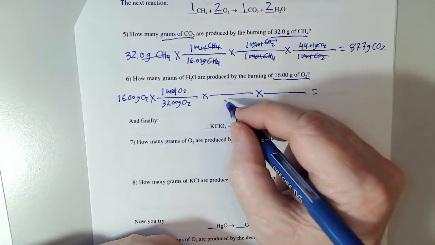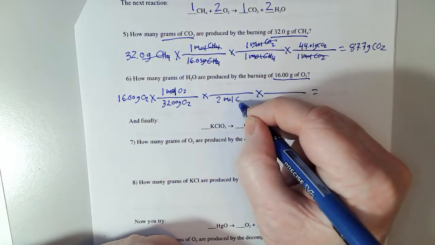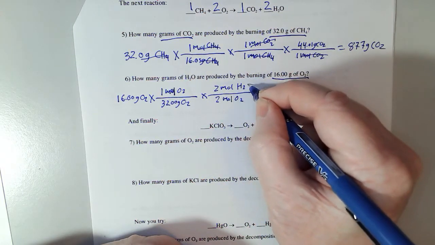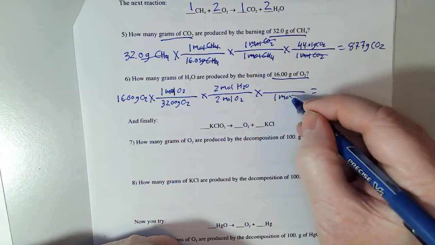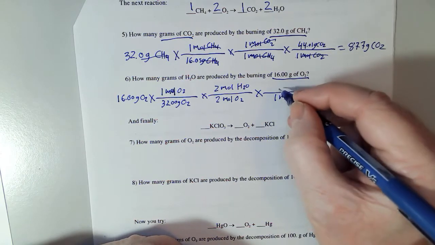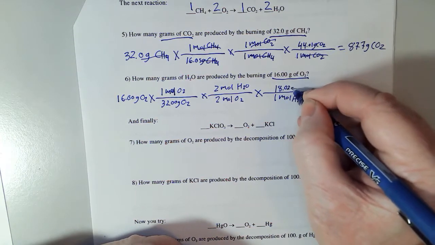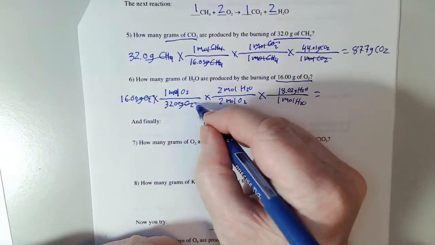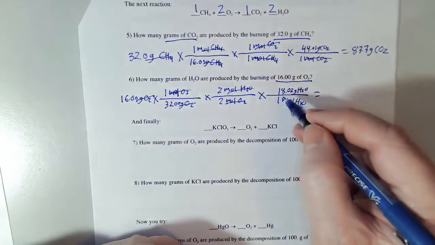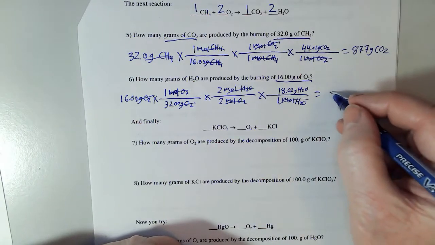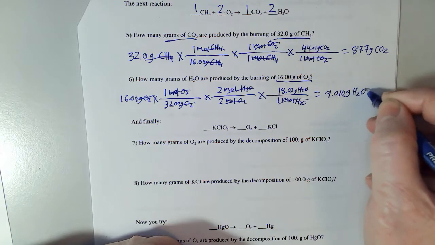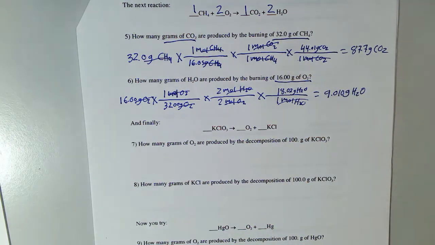Then I can say 2 moles of O2 give me 2 moles of water, and 1 mole of water is 18.02 grams of water. Okay. Cancels, cancels, cancels, and this equals 9.010 grams water if I'm paying attention to sig figs.